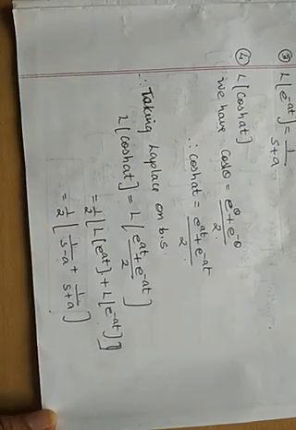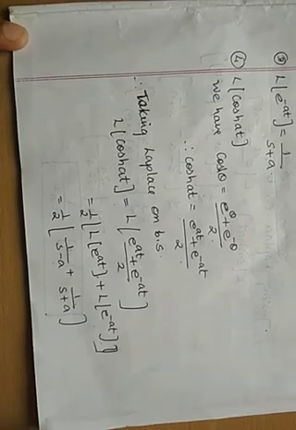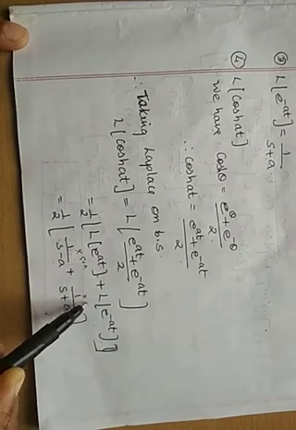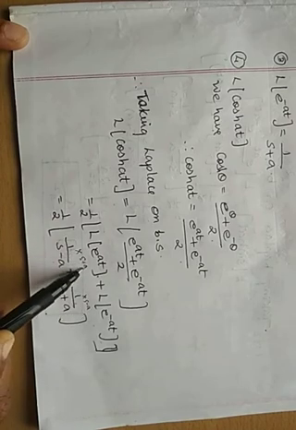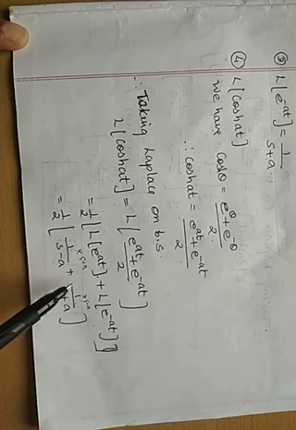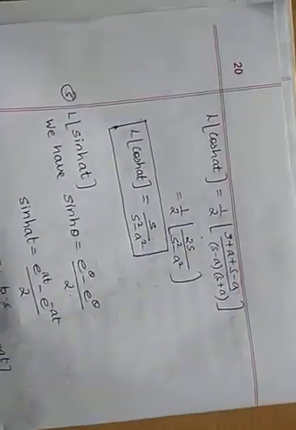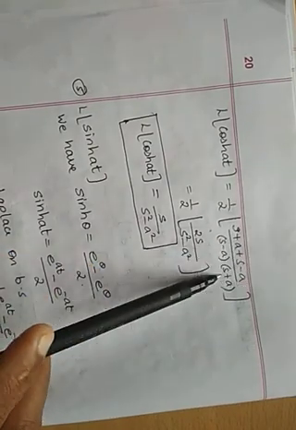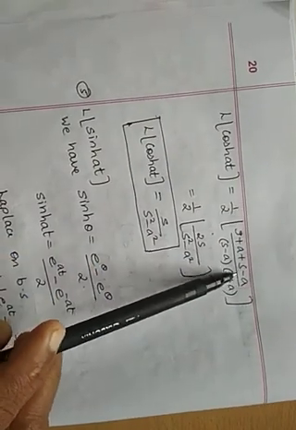Taking the LCM and simplifying, the LCM here is s plus a and here it is s minus a. So 1 into s plus a is s plus a, plus 1 into s is plus s, plus 1 into minus a is minus a. So in total you will get s plus s minus a upon s minus a into s plus a.